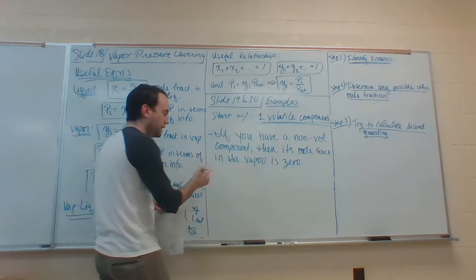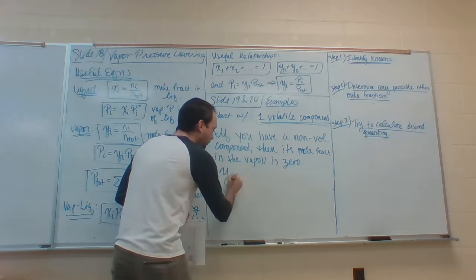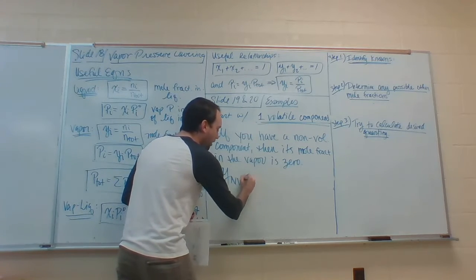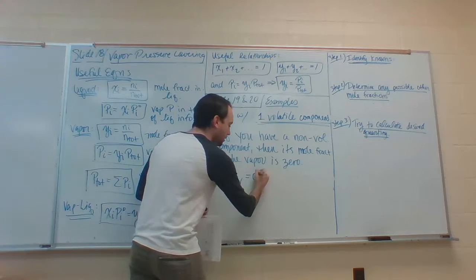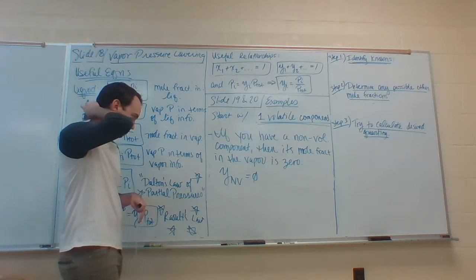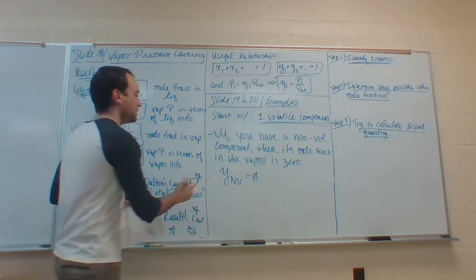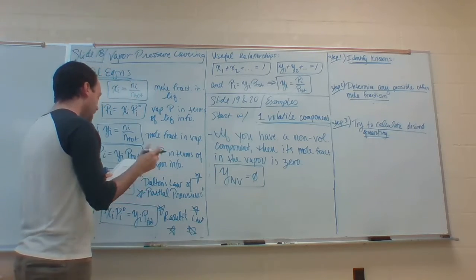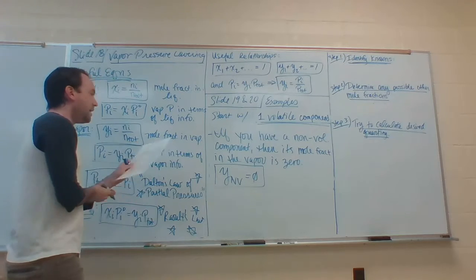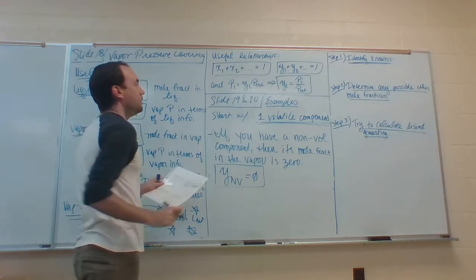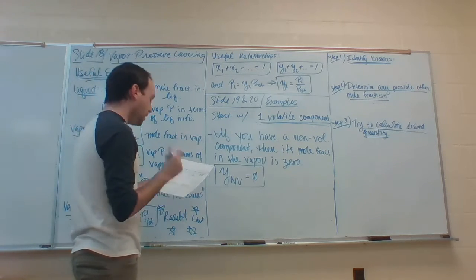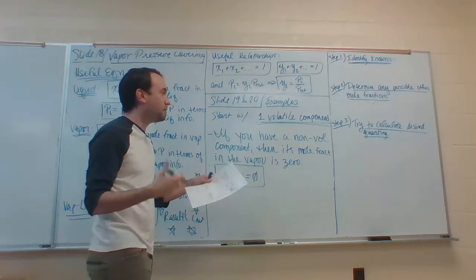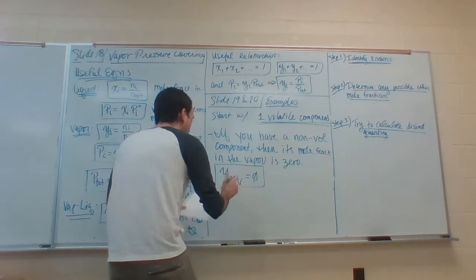For instance, the mole fraction of a non-volatile, an NV component, is equal to 0. This is going to be very, very important. Now, let's do an example that has only one volatile component, or some sort of non-volatile component.